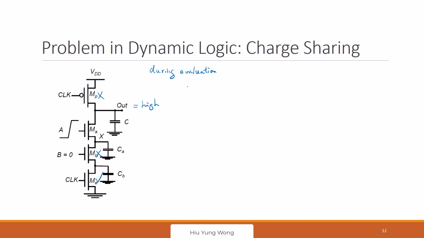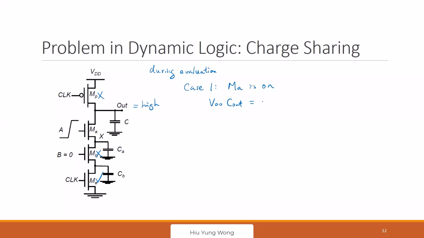So there are two cases. The case one is that the charge just shares between them while MA is on, right? So it means what? At the beginning, I have VDD times C out. That is the total charge, right?